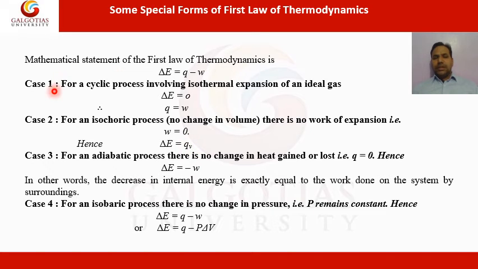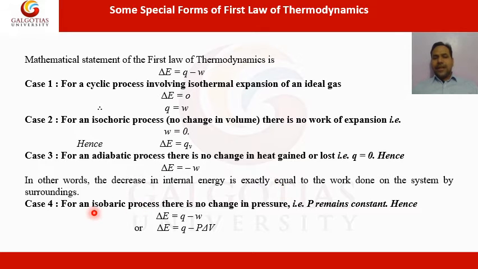The third case is for an adiabatic process. There is no heat gain or loss, that is Q is equal to 0, and delta E is equal to minus W. In other words, the decrease in internal energy is exactly equal to the work done on the system by the surroundings.